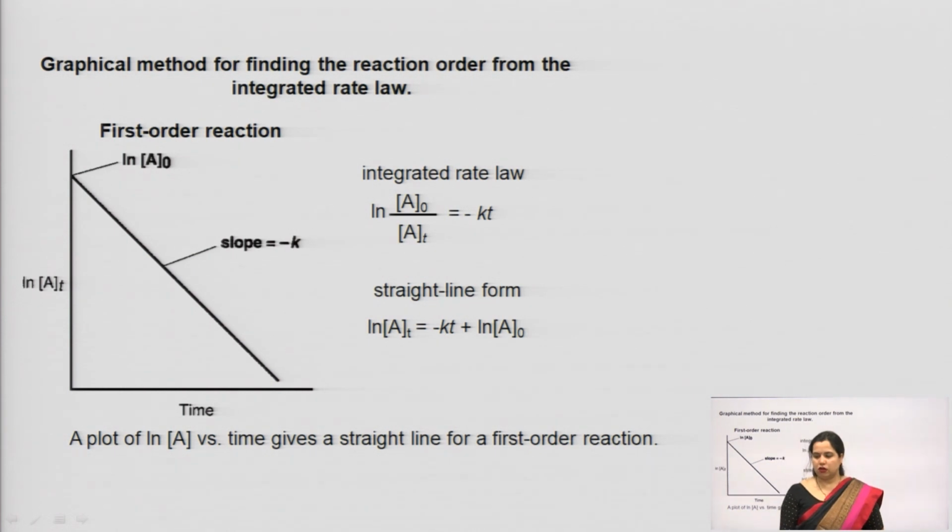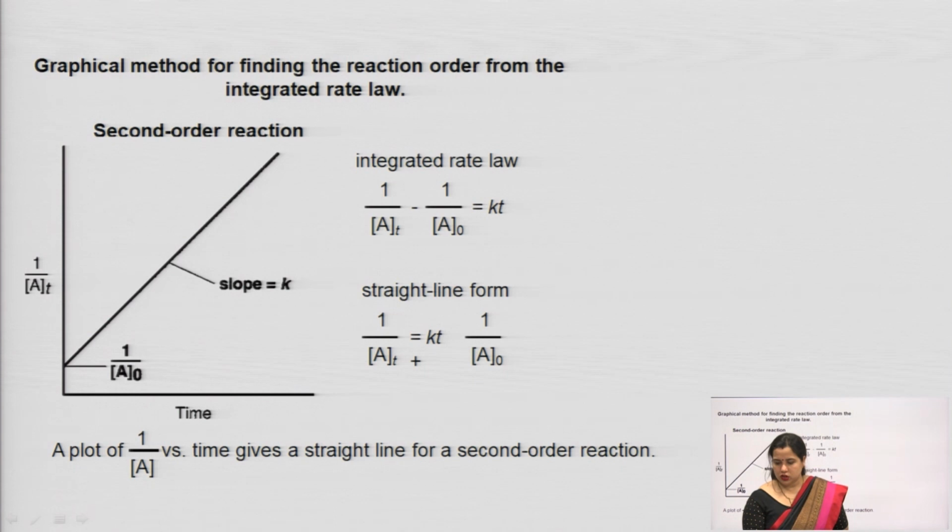Graphical methods we have discussed earlier, but here with integrated log values. For first order, the integrated log plot against time gives a slope of minus k, and the integrated amount also represents the concentration change for first order. This is for second order.